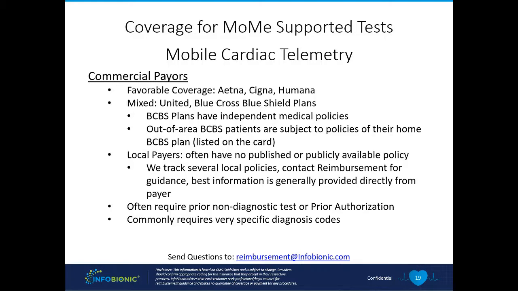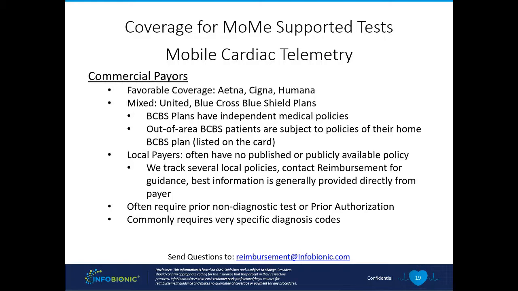For example, the largest BCBS plan, Anthem, also known as Empire in some areas, or Blue Cross Blue Shield of Georgia, they only cover MCT with history of cryptogenic stroke. So please consult your BCBS policies or reach out to us for guidance with BCBS reimbursement at infobionic.com.